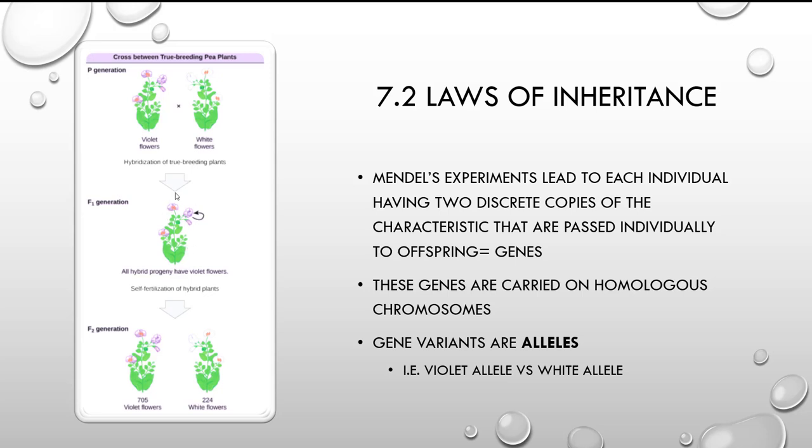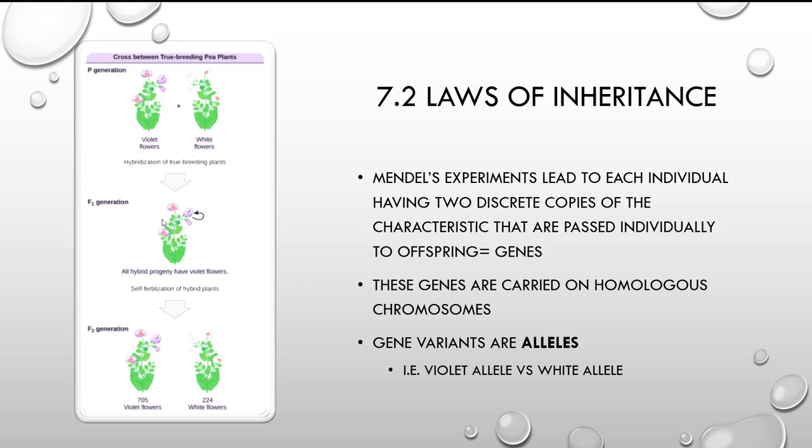So if we have two copies that are slightly different from each other, they're called alleles. Alleles are variants of the same gene. They still code for flower color, it's just that the variation is slightly different. There was some mutation that produced a white flower instead of a purple flower a long time ago. And so a variant of a gene is called an allele.